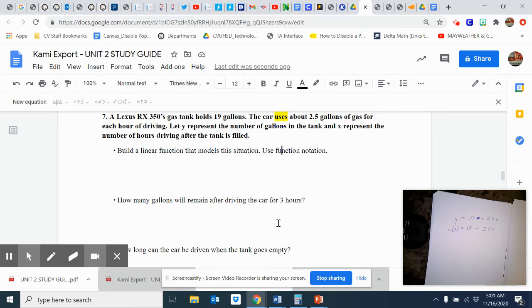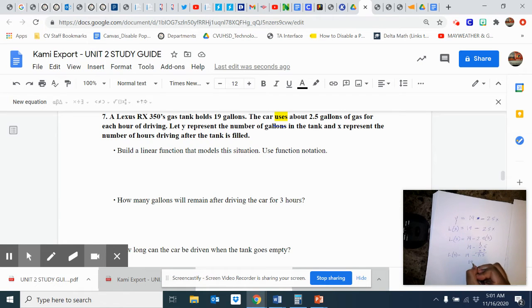So when we go for something like 3 hours, we do L of 3. And then it's all arithmetic skills here. You need to relax and know how to multiply. So this is 19 minus 7.5, L of 3.